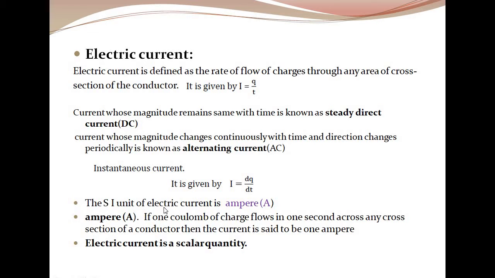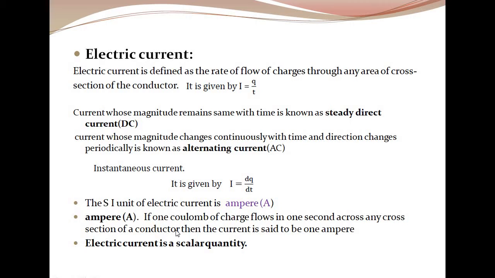The SI unit of electric current is the ampere, denoted by the letter A. One ampere is defined as follows: if 1 coulomb of charge flows in 1 second across any cross section of a conductor, then the current is said to be 1 ampere.